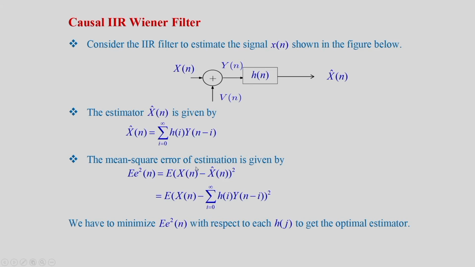The mean square error of estimation is given by this expression: E of e square n, that is equal to E of (x n minus x hat n) whole square, and if we substitute x hat n equals this, then we get E of e square n equal to E of (x n minus summation h_i y n minus i, i going from 0 to infinity) whole square. So, this mean square error we have to minimize with respect to each h_j. There are infinite number of h_j's. With respect to each h_j, we have to minimize this expression to get the optimal estimator.